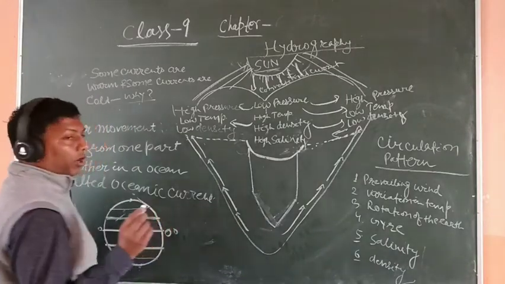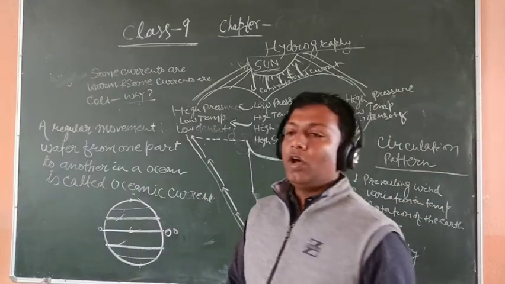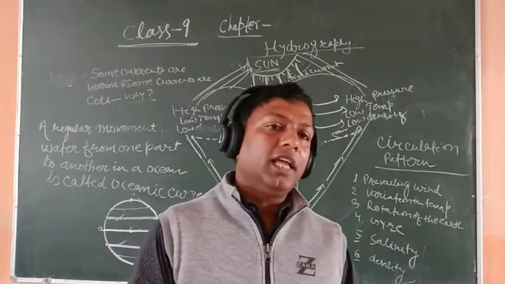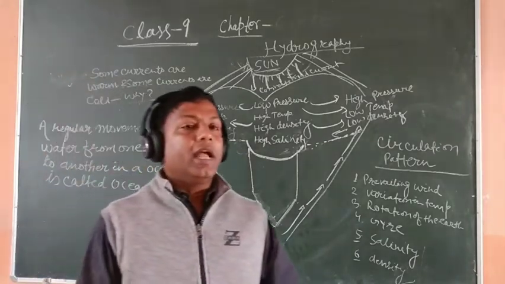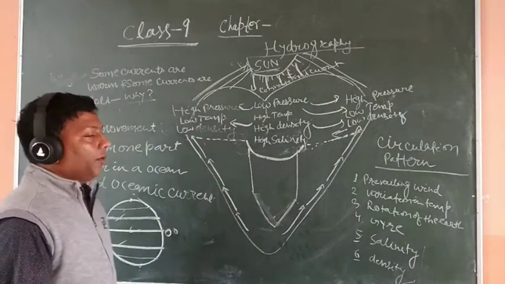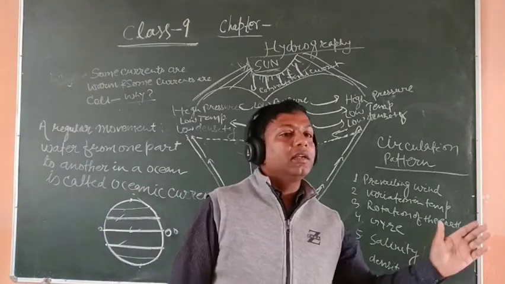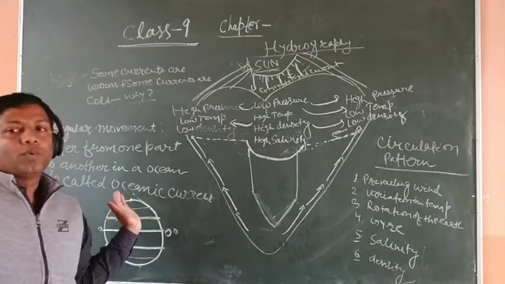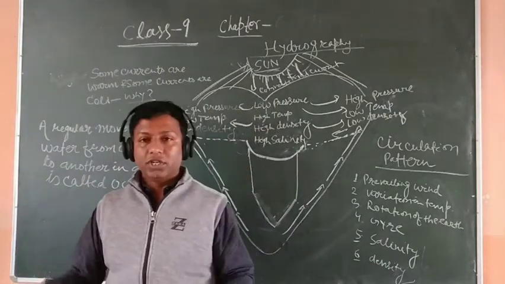Winds follow the pattern of Ferrel's law. What is Ferrel's law? Wind deflects towards the right in the northern hemisphere, clockwise, and towards the left in the southern hemisphere, anti-clockwise. We name winds after where they come from. If a wind comes from the west, it is westerly; if from the east, it is easterly.